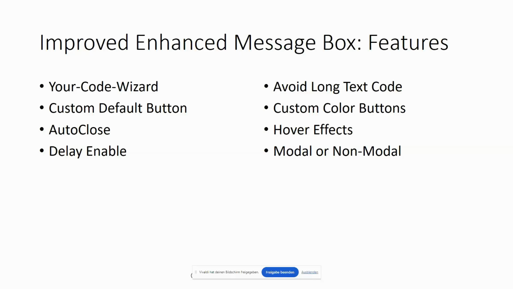That's what all these are improvements by me. You have custom default buttons, so you're not limited to those buttons Microsoft thinks you might need. You can have 3 different buttons with different descriptions on them. You can have an auto close. And probably this is something everybody knows. You start something in Access, which takes a while.